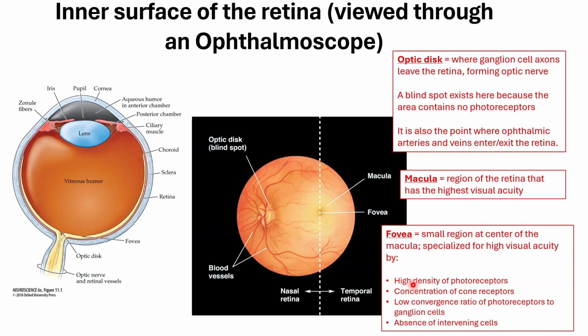This has the highest density of photoreceptors across the entire retina, so it's not like we have a consistent density of photoreceptors. It gets higher and higher the closer and closer you get to the fovea, and it peaks at the fovea. It has a very high concentration of cones. It has a low concentration of rods. There's a large absence of intervening cells as well.